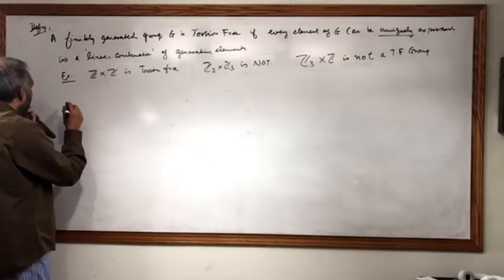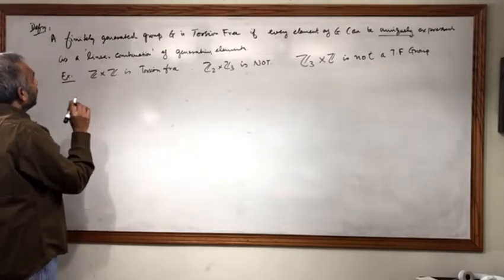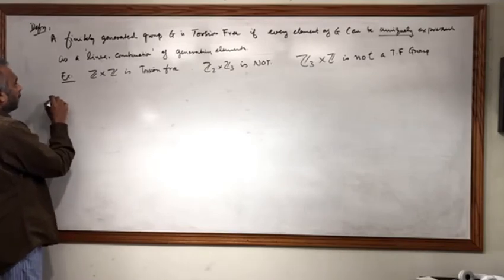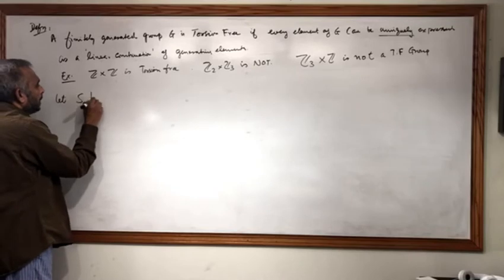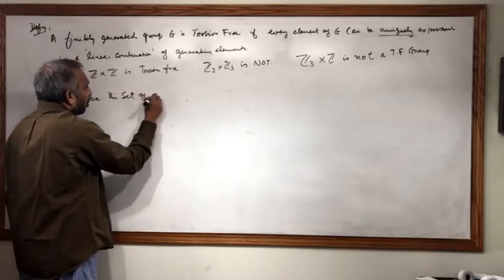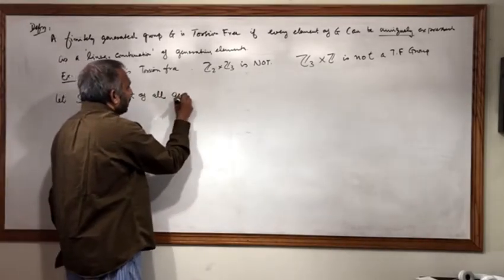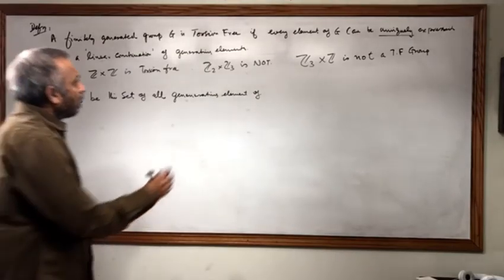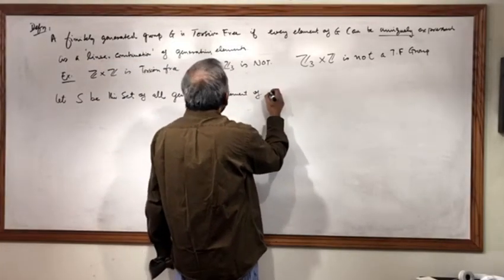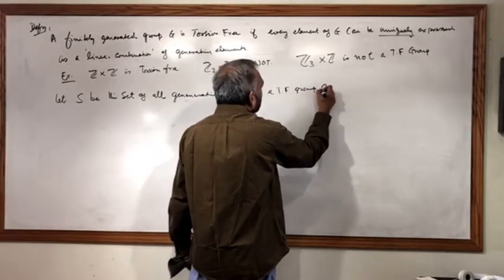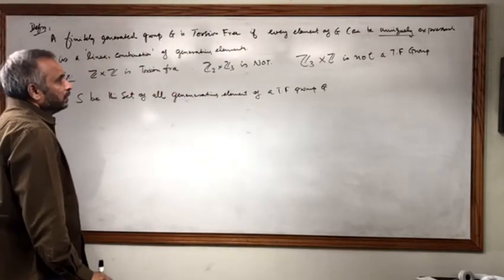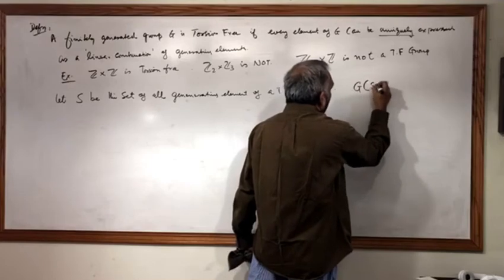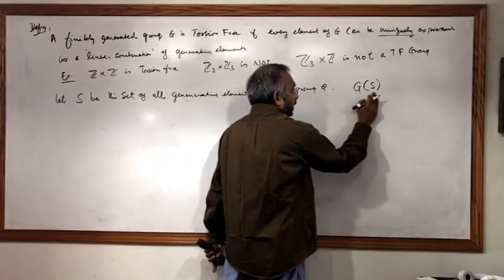Now, normally we'll take, okay, so let S be the set of all generating elements of a torsion-free group G. So sometimes we'll write it as G of S, the group generated by the set of this element.